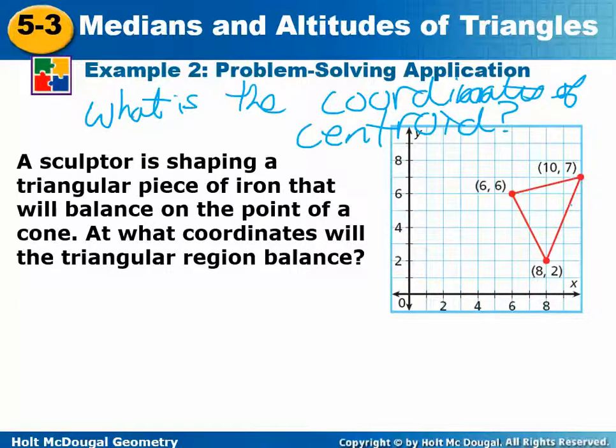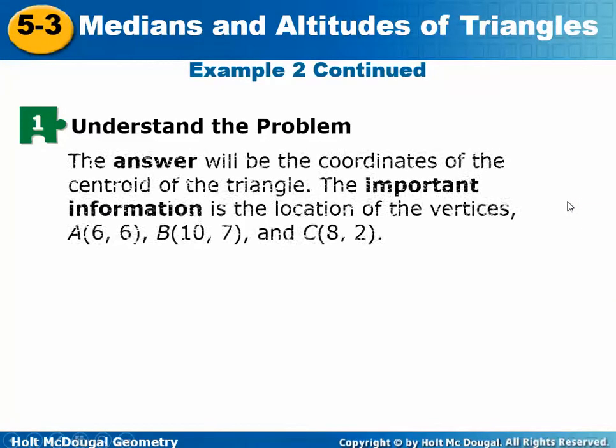So how do you do that? You have to find the midpoint of each segment, and then you have to connect the midpoint to the vertex opposite it, and that point of concurrency, that point where they all meet, that's the centroid. So here's the coordinates of the vertices. That's important information.